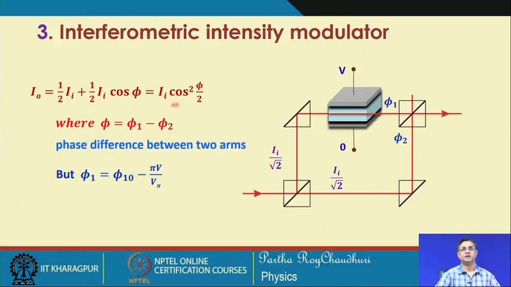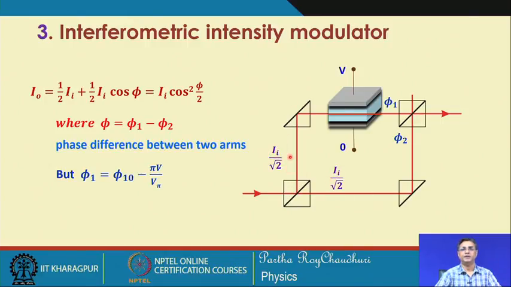So, this is the basic understanding, that you have the input intensity I, and the field is square root of I, so this should be E_I by root 2, E_I by root 2, and this travels through a length of this.